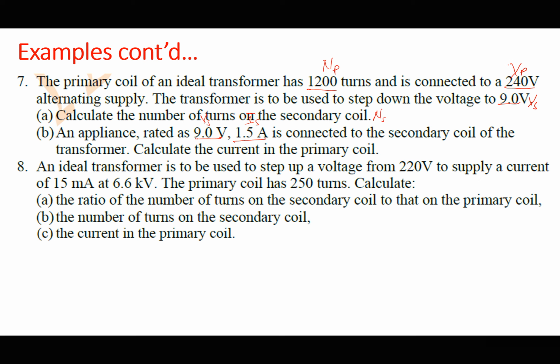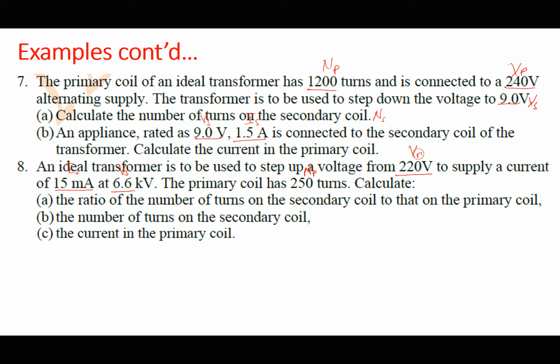An ideal transformer is to be used to step up a voltage from 220 volts to a current of 15 milliamperes at 6.6 kilovolts. So this is current of the secondary, voltage of the secondary. The primary coil has 250 turns, so this is number of turns of the primary.